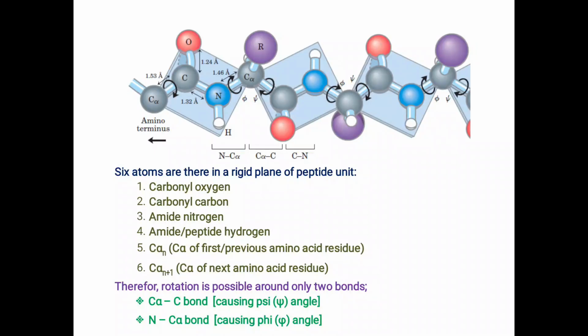And whenever there is formation of such a bond, the carbonyl oxygen and amide hydrogen or peptide hydrogen are always in trans position, not in cis position. In all naturally occurring peptide bonds, you will see the carbonyl oxygen and amide hydrogen or peptide hydrogen are trans to each other. They are not lying facing each other in cis position.